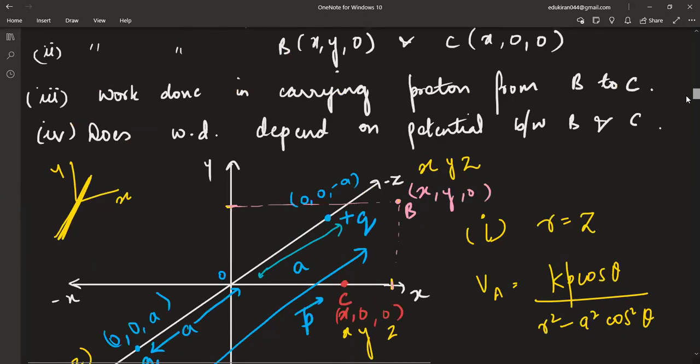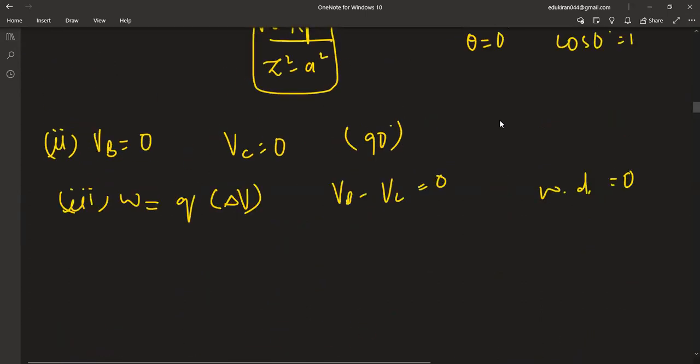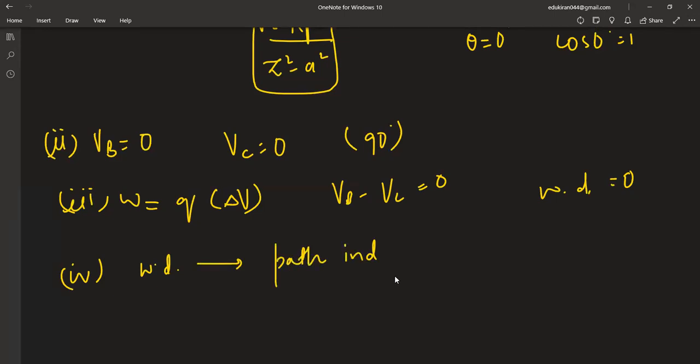Does work done depend upon the potential between B and C? See, class, always remember in such types of questions, work done is a path independent quantity.